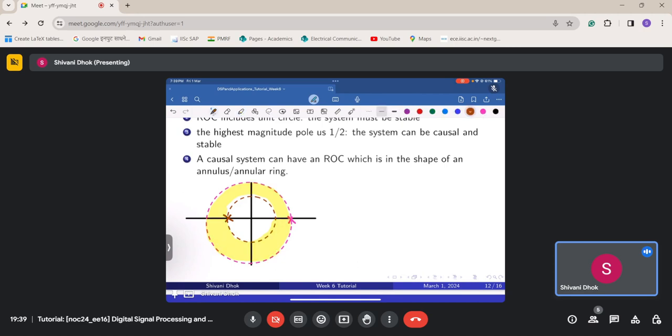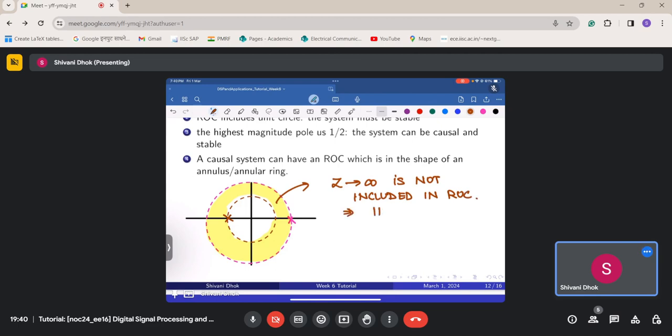If this is the case, the necessary and sufficient condition, that z tending to infinity is included, is not satisfied. So z tending to infinity is not included in the region of convergence or ROC, and therefore this is incorrect.